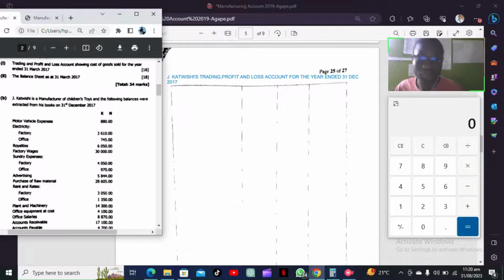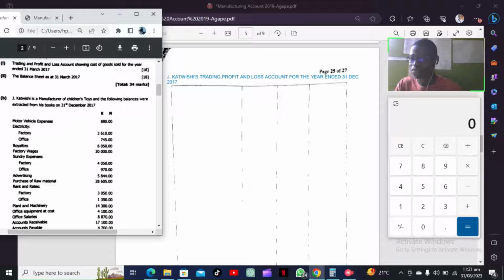Now for our net profit, using the trading profit and loss account for Jekatwishi. This is simply the same trading profit and loss, the normal one. The only difference is that we're going to include the production cost that we found. So we've produced our goods, our laptops, our toys, and now we've brought them into the business.